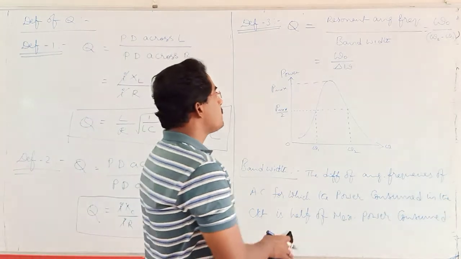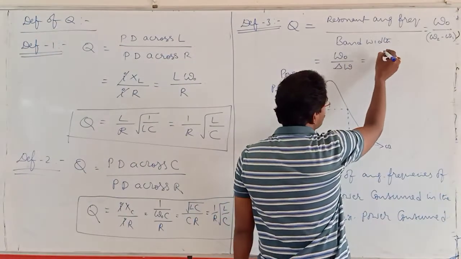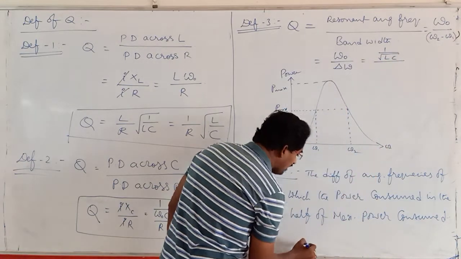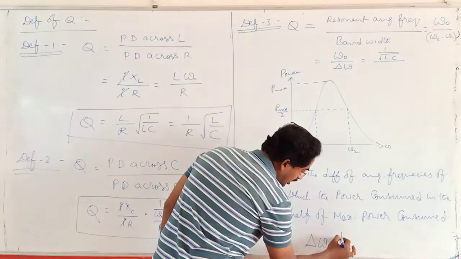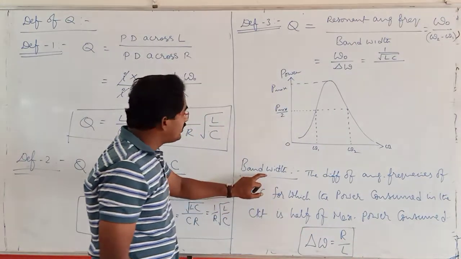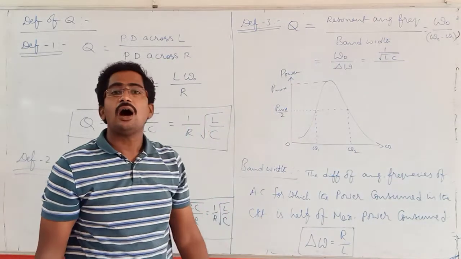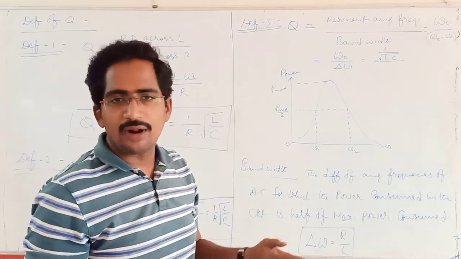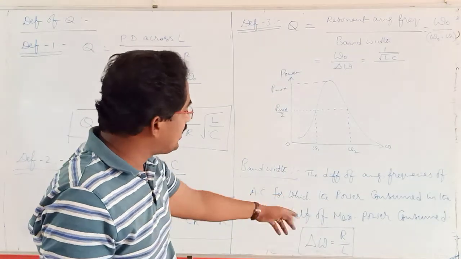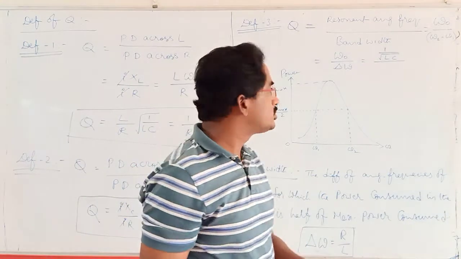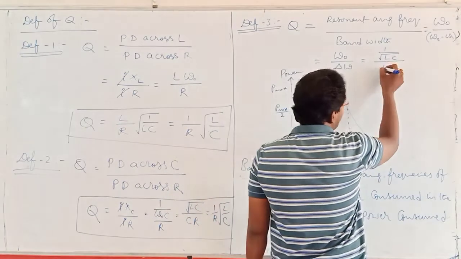What about the omega naught value? 1 by root LC. And the delta omega value, do remember, is equal to R by L. The derivation is not relevant for us, so I am not discussing that. Directly remember, it is very simple: bandwidth value is R by L.